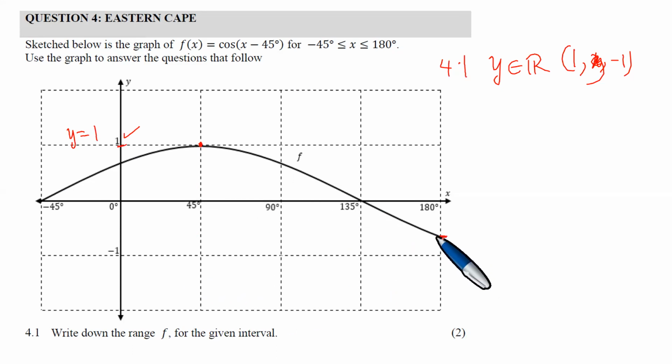Remember for the given interval, so it's between minus 45 and 180 degrees. We continue. So what do we have now?